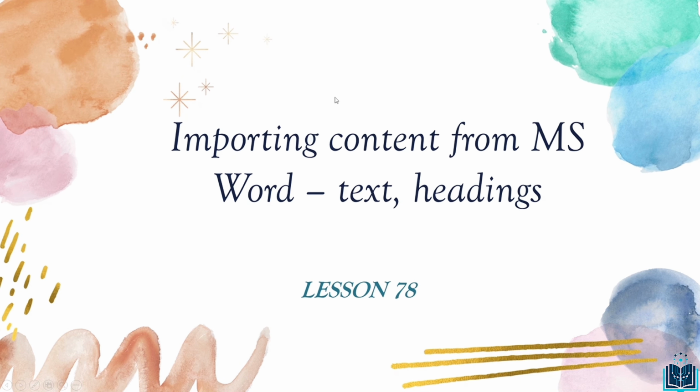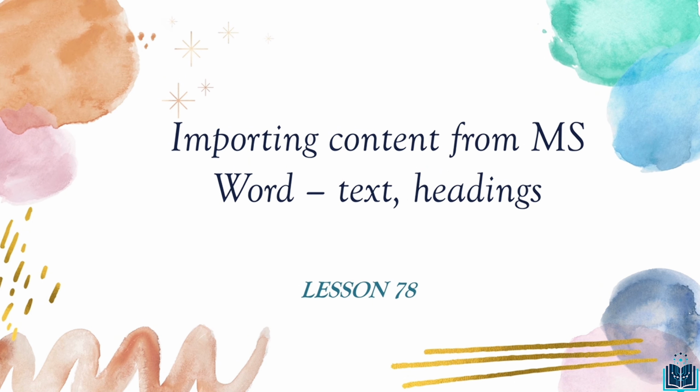Welcome to lesson 78 of our Canva course. In this lesson, we learn how to import content from Microsoft Word into Canva, including text and headings, so you can quickly turn your documents into beautifully designed graphics or presentations.